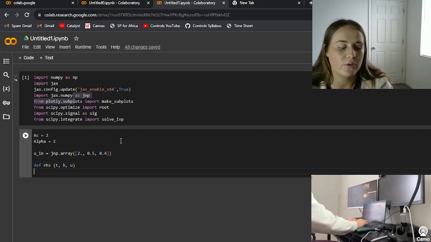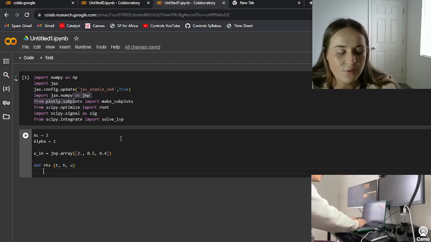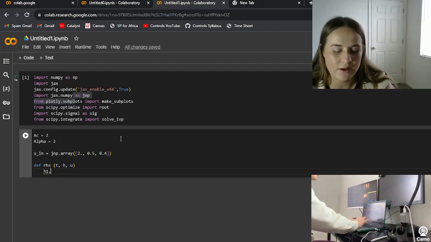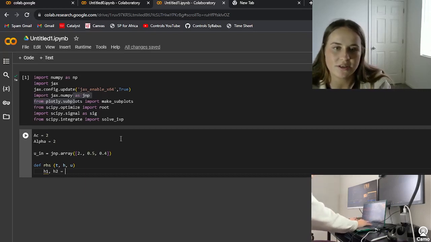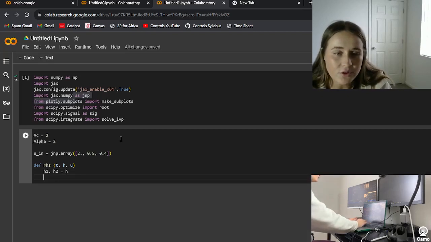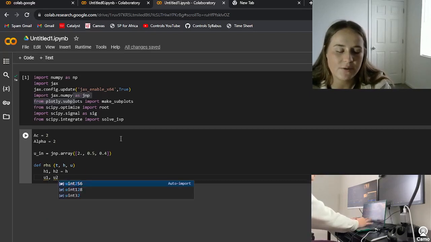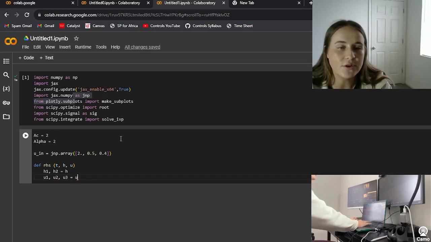So below we are going to define what height and flow rate are, that would just be the H and the U. Since there's two tanks, there'll be H1 and H2, which is equal to just H. And then we also have U1 going into tank 1, U2 going into tank 1, and U3 going into tank 2, and this all equals U.